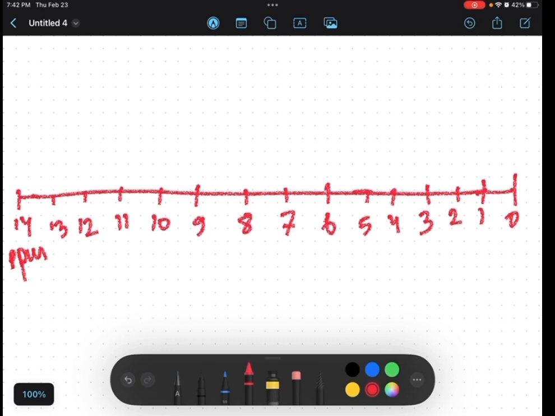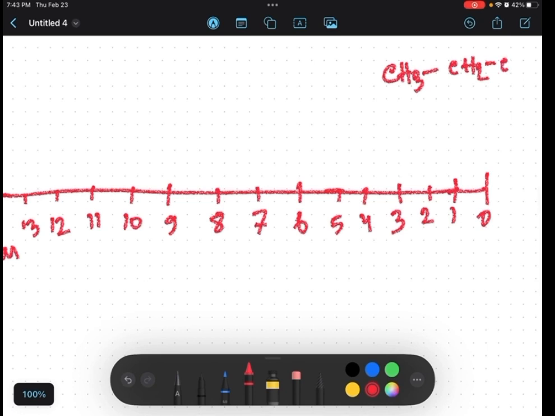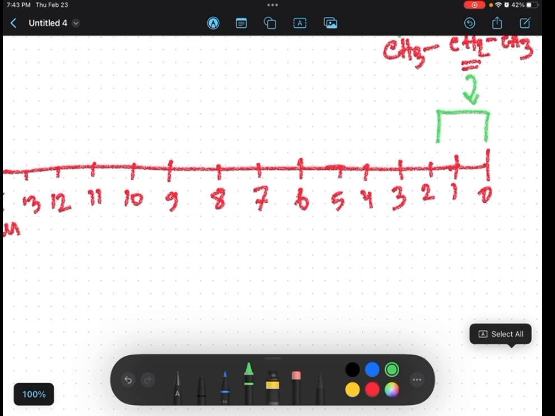Any normal proton, suppose you have CH3, CH2, another CH3, will show up around 0 to 2, normally around 1.5. Okay, normal aliphatic protons.